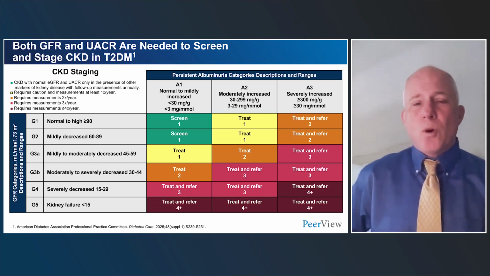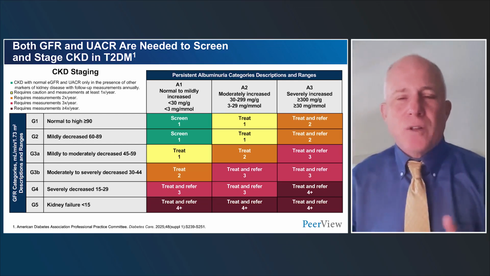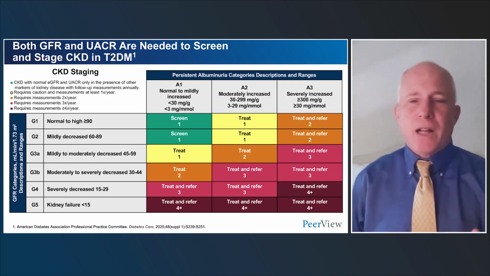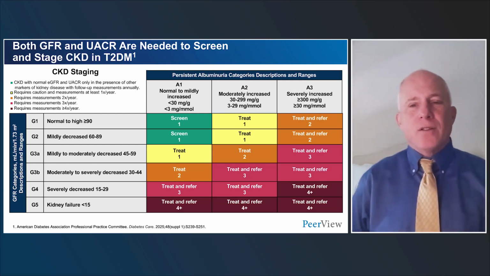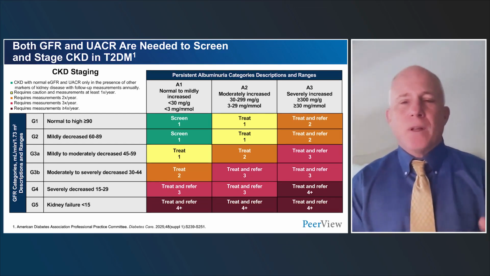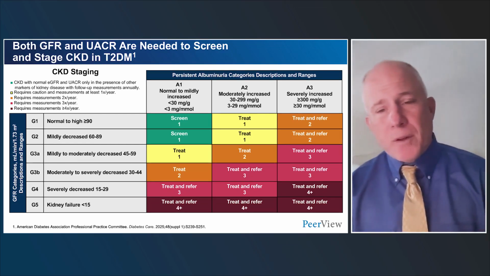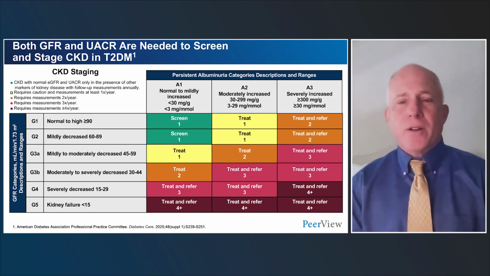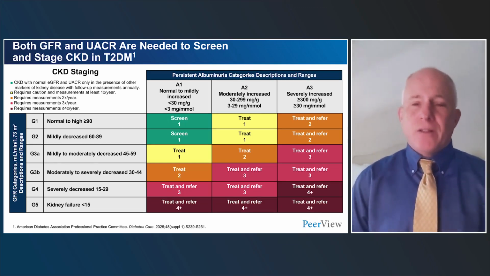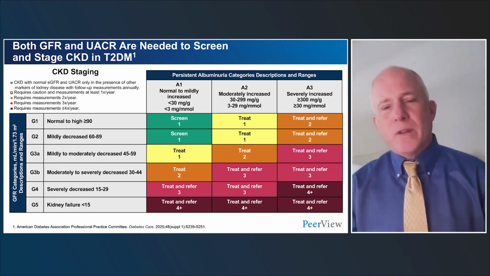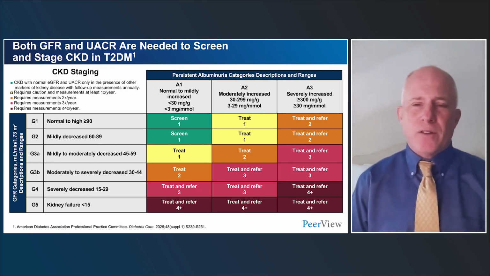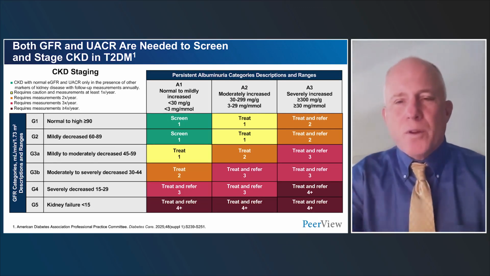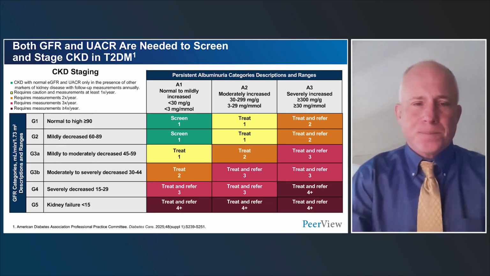And even with a normal GFR, you can see that change increases the risk from green to yellow. And then if someone has severely increased albuminuria, or what we would sometimes call proteinuria, greater than 300 milligrams per gram, this is also abnormal and does give you a very high risk of cardiovascular disease and also should be someone that we refer to nephrology.